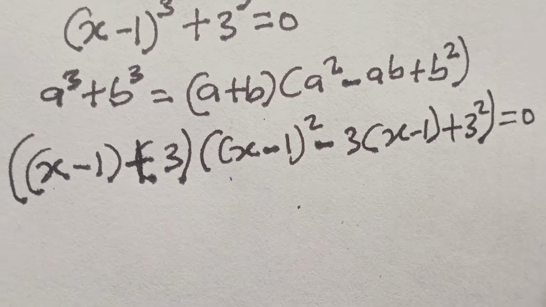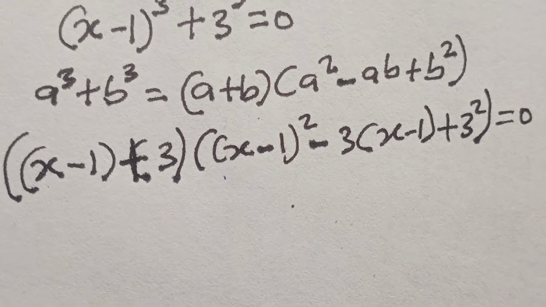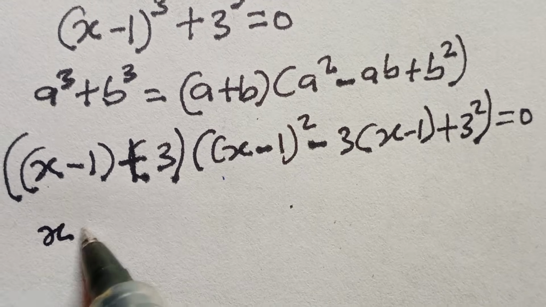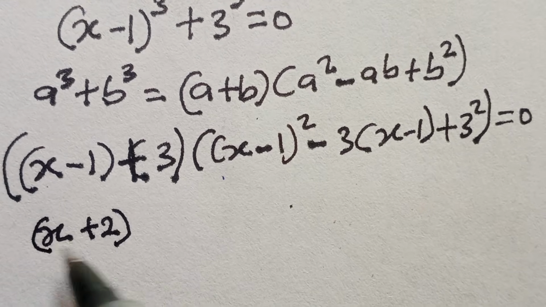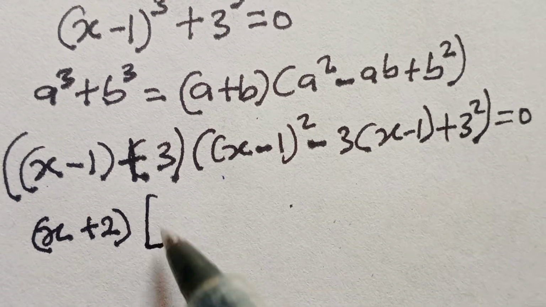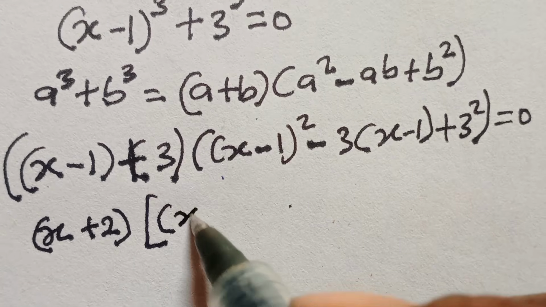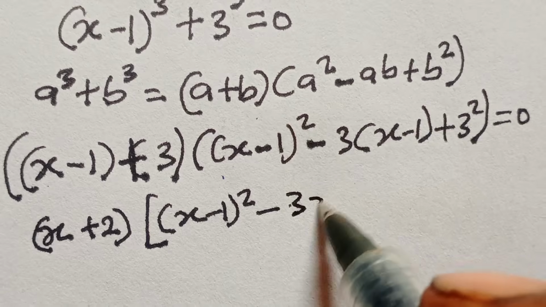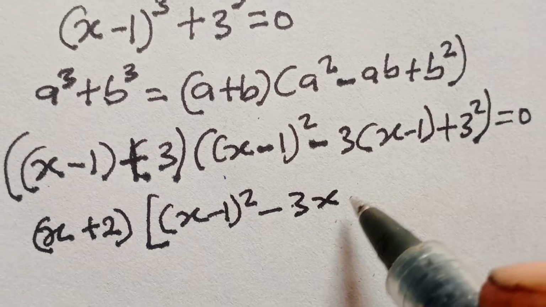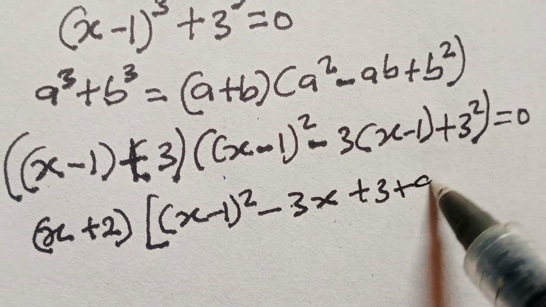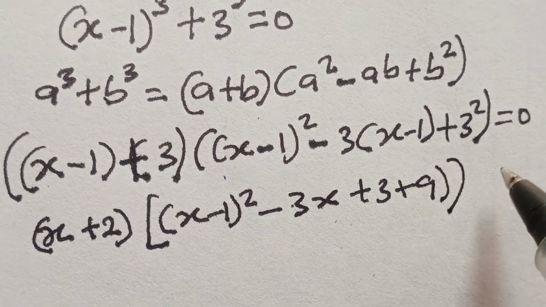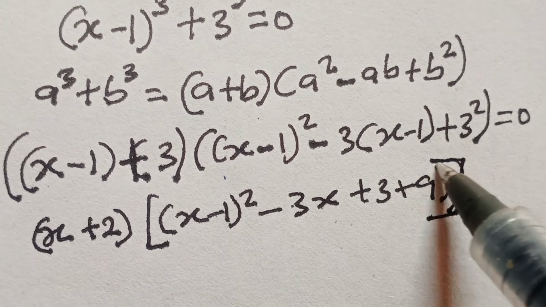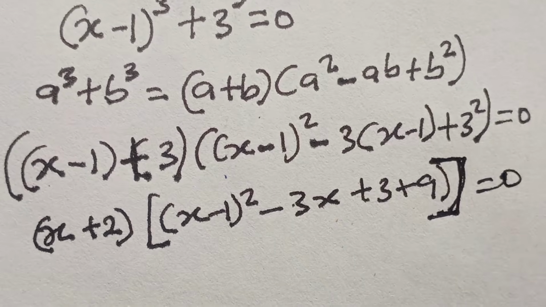Once you understand it up to this stage, it's now easy and straightforward. So the next thing is to have x plus 2. When you expand it, you have (x plus 2) into ((x minus 1) squared minus 3x plus 3 plus 9), everything now equal to 0.